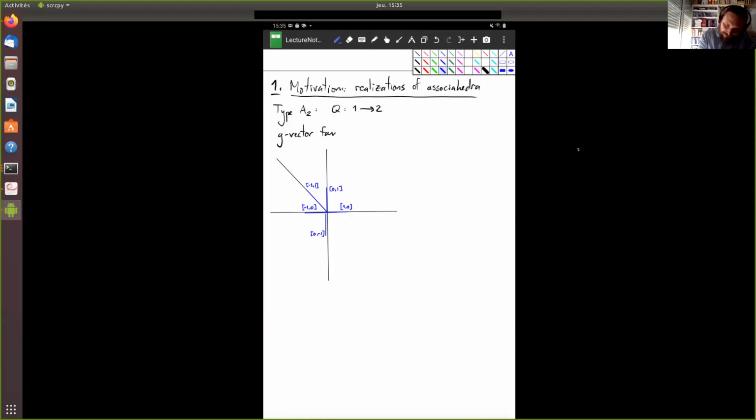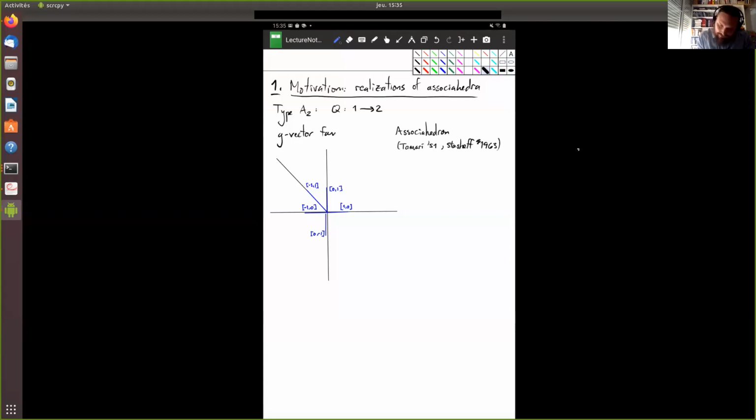Now we can use this picture in order to realize the associahedron in type A2. So the associahedron, this is a famous polytope that was introduced in 2 different ways, by Tamari in 1951 and also by Stasheff in 1963.